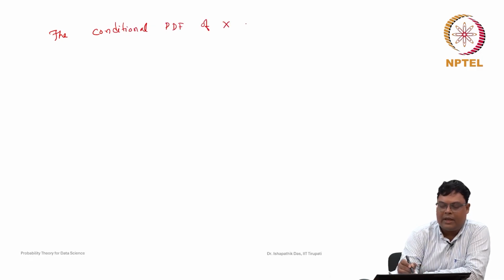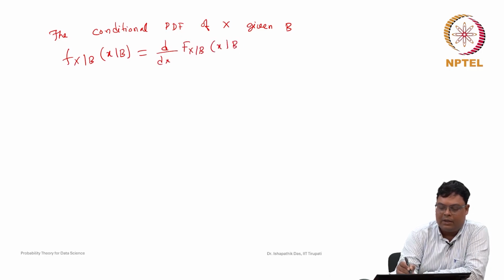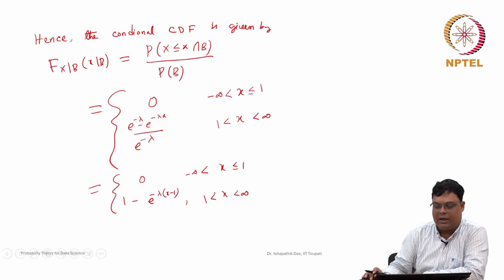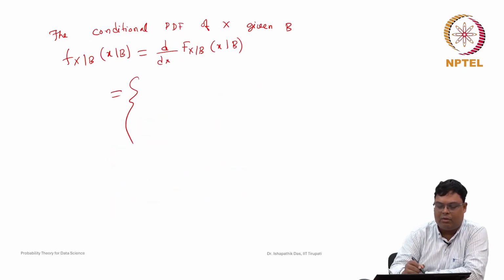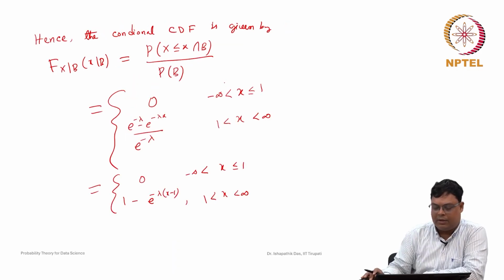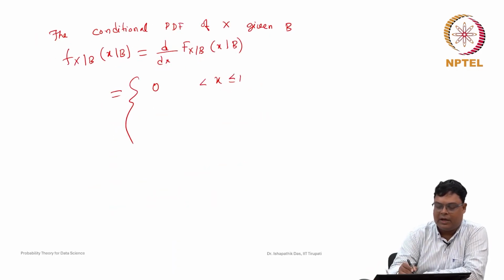So, the conditional probability density function of X given B is the derivative of the conditional distribution function given B. This distribution function is 0 whenever x is less than or equal to 1, greater than minus infinity.